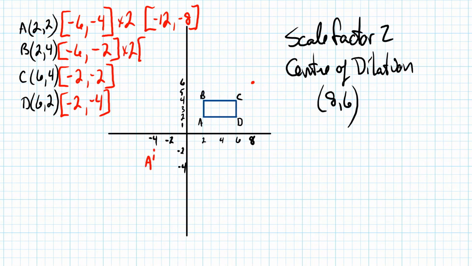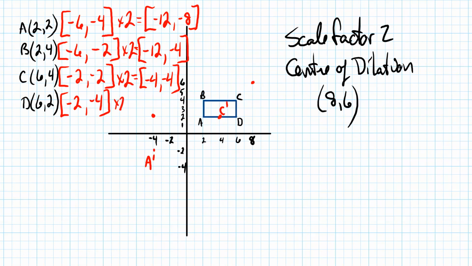Doing the same for vertex B. Multiplying each of those, we've got negative 12, negative 4. Going to negative 12, and this time just down negative 4. Vertex C, multiplying its vector by 2. Going negative 4, negative 4. That gives us C prime.